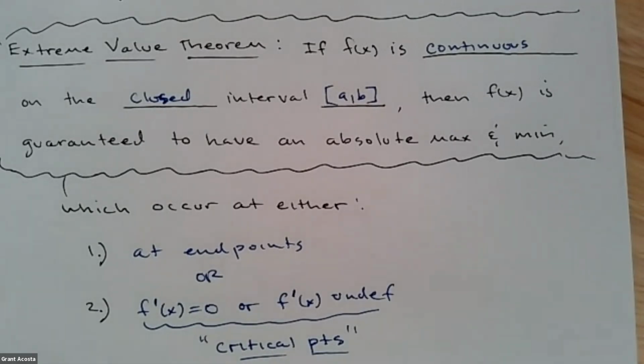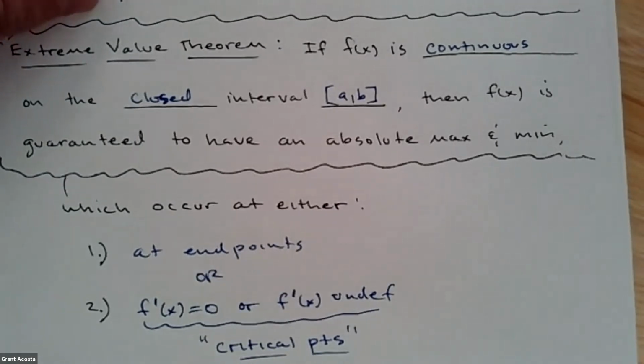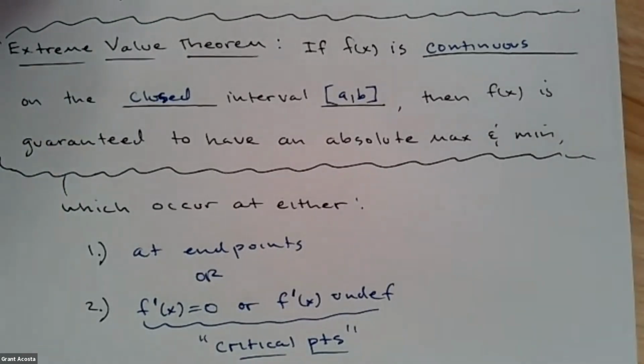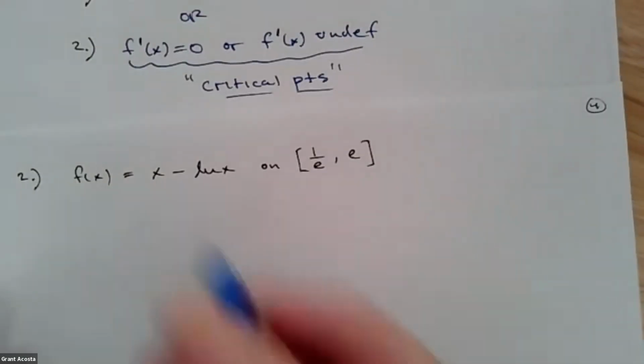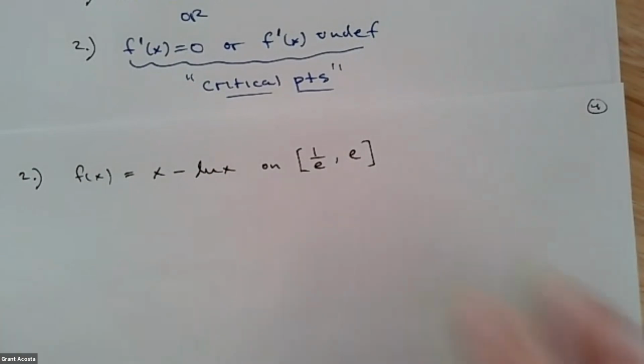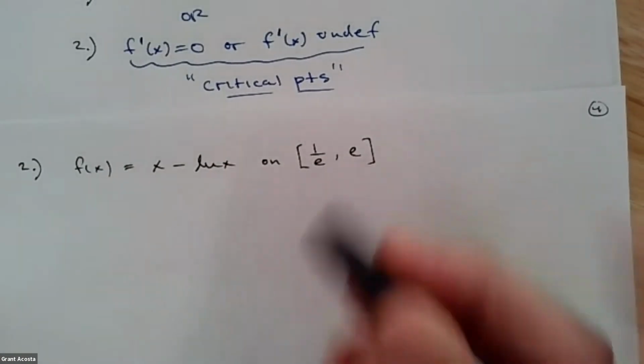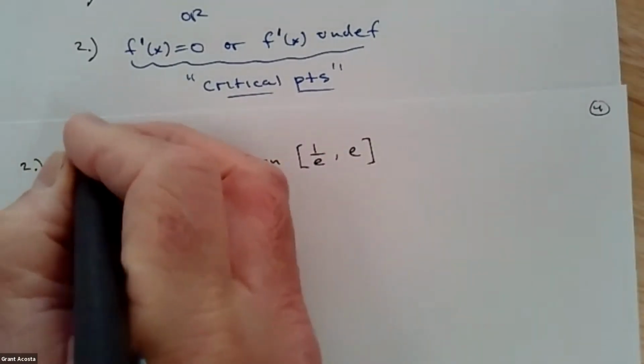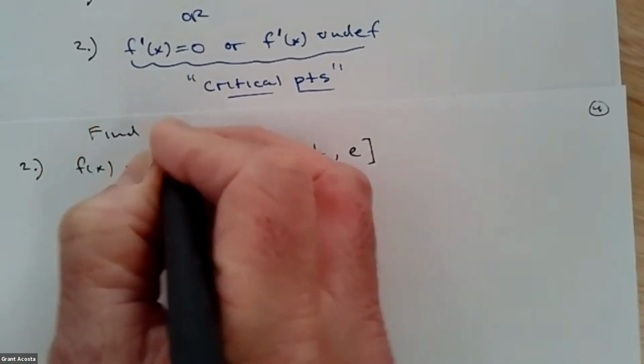All right, so let's try it now. I think I'm going to go with this one. This one I think is a little bit less involved than the next one. So your typical homework would be, I should write the directions on top here. If I give you a function and a closed interval, you should be able to find the absolute extrema.